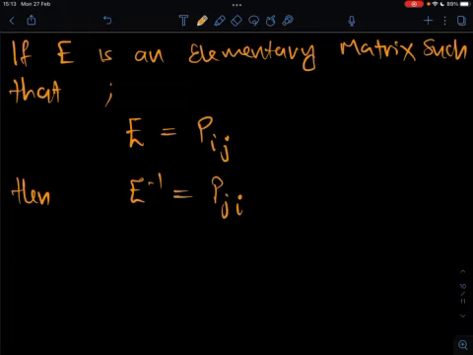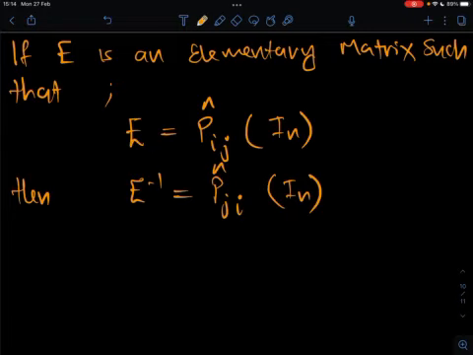If E is an elementary matrix that permutes row i and row j, then E inverse will be one that returns them back. But remember, this has to be applied onto some identity matrix, where Pij is an operation which switches, and the inverse is one which replaces back j and i.